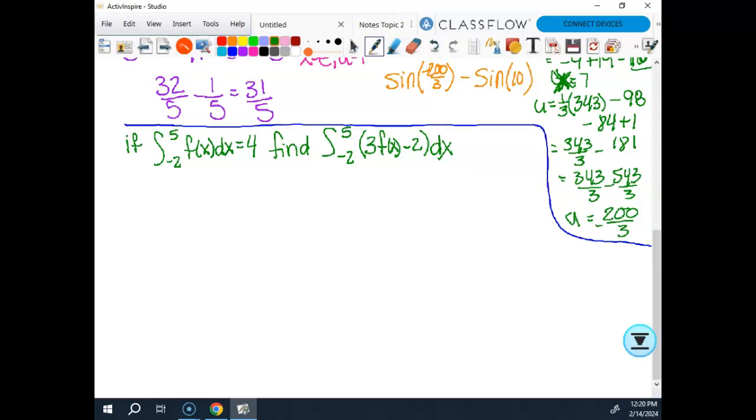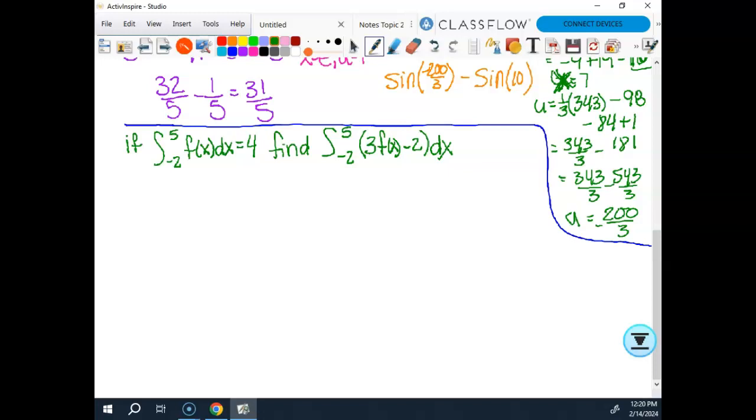So they give us some information. This is what we want to find, okay? This is not going to be a u substitution type of thing because we have a function in here. We're going to use some properties of integrals to split this stuff up, okay?